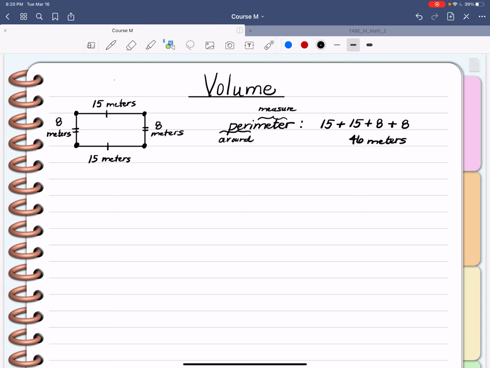Okay, let's draw another rectangle. Let's do about like that. And this time, I want you to divide up the inside of the rectangle. Maybe this is a bathroom. Sorry, I didn't mean to do that.